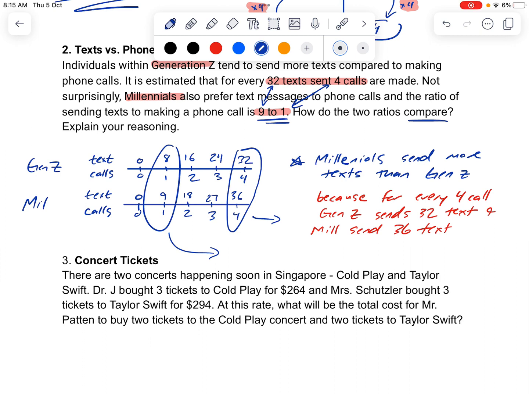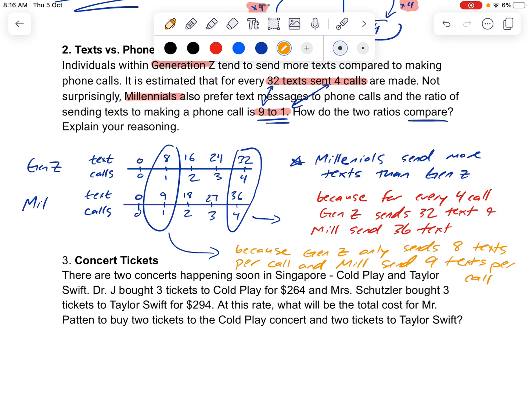I'm still saying the millennials send more texts, but if I circle that, I would probably say something like, because Gen Z only sends 8 texts per call, and the millennials send 9 texts per call. Either one of those would be totally fine.